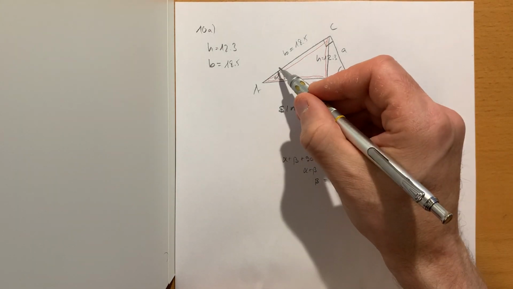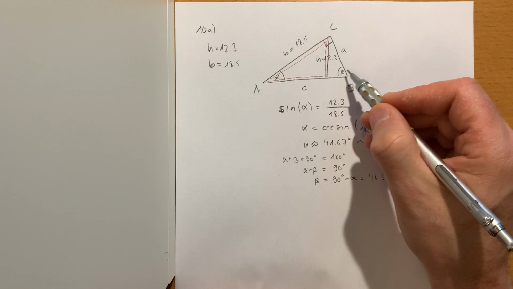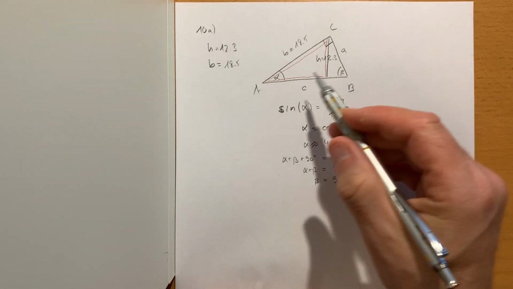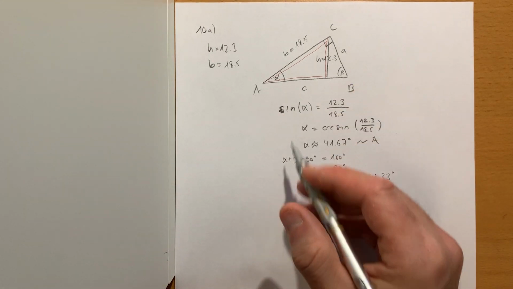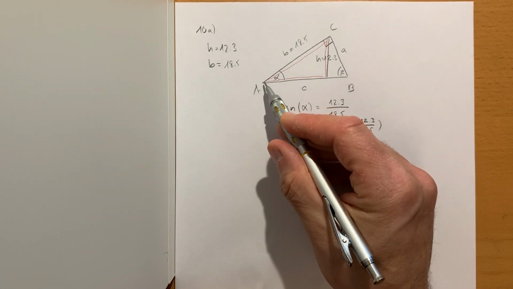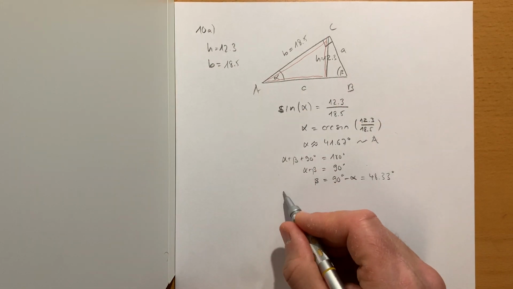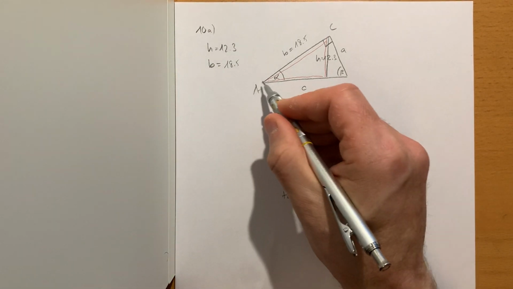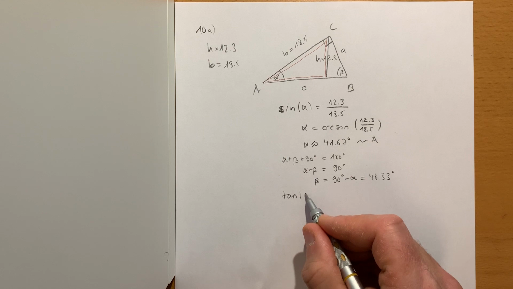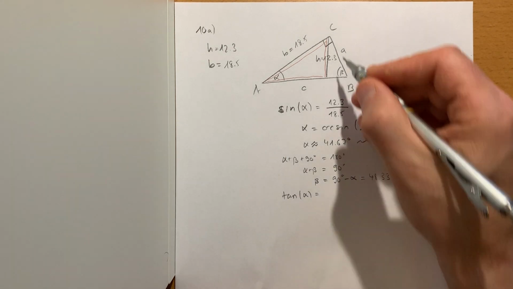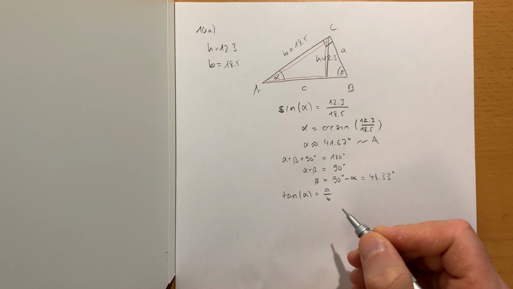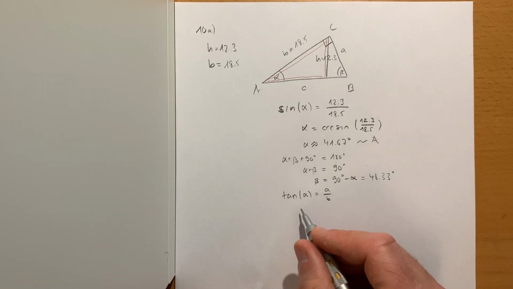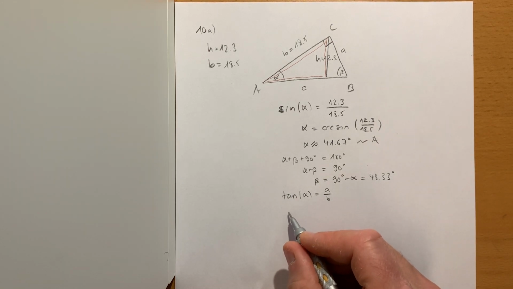So once you know alpha, you can work out A or C. Doesn't matter. So let's do that. Let's work with, in this case, the tangent. Tangent in the large triangle. Tangent alpha is opposite over adjacent, so A over B. Let's plug in the numbers we know.